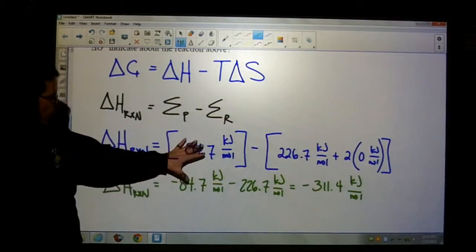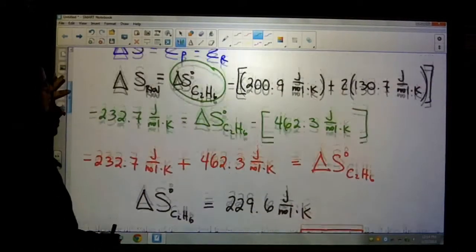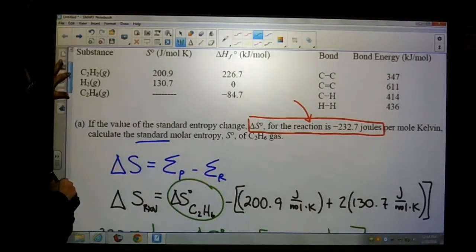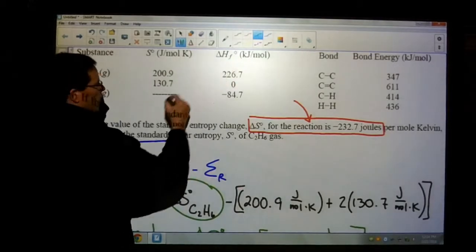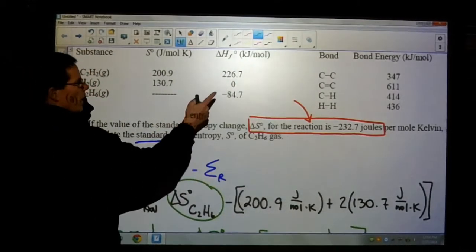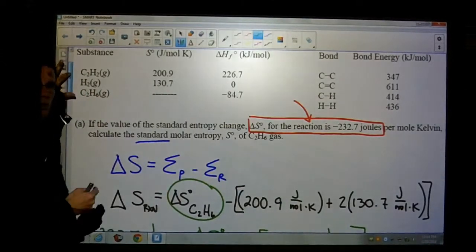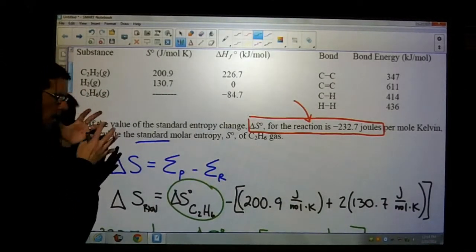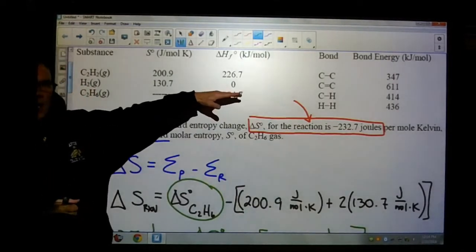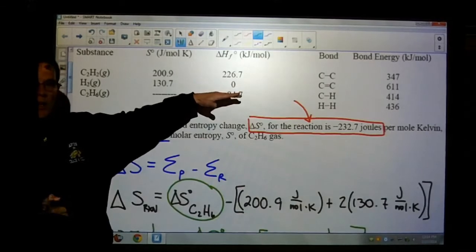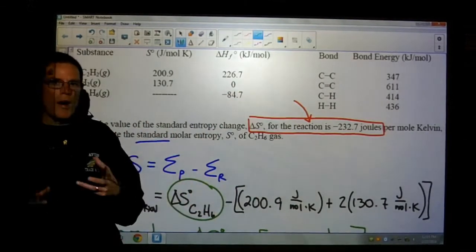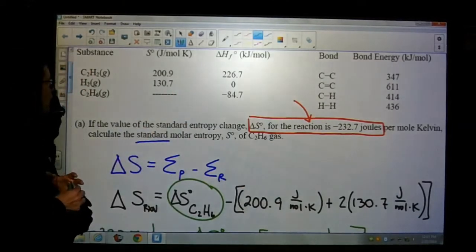So we can go ahead and plug in our values from the given information from the table above, where the C2H6 has a negative 84.7 kilojoules per mole, and again, the units are given there for you. The C2H2 has a value of 226.7, and the hydrogen, again, under standard conditions, under the way that it exists at that temperature, it is already a gas, so it has no value because hydrogen gas is a gas, and it doesn't require any energy to make that into a gas at that temperature.